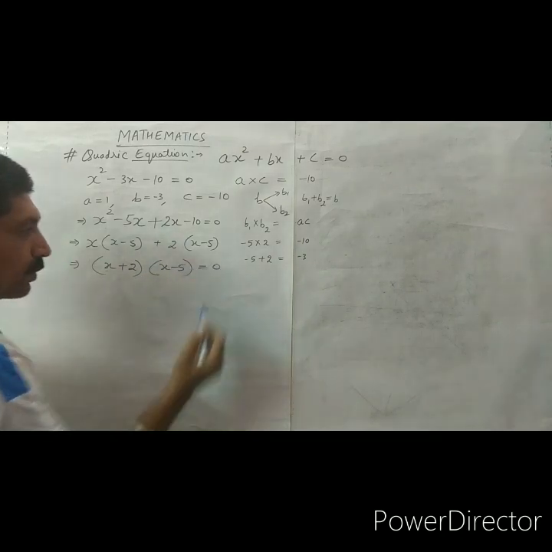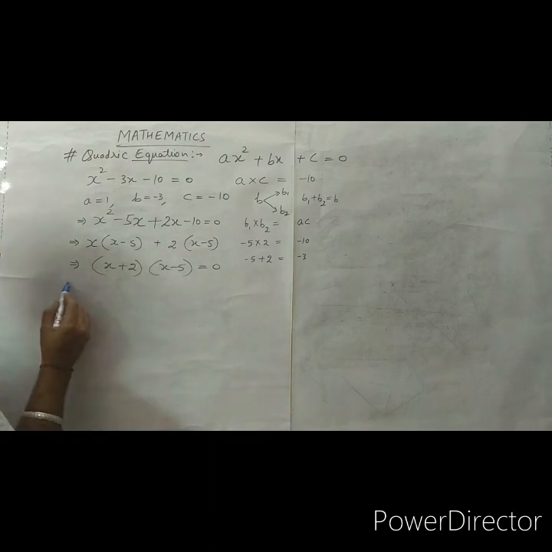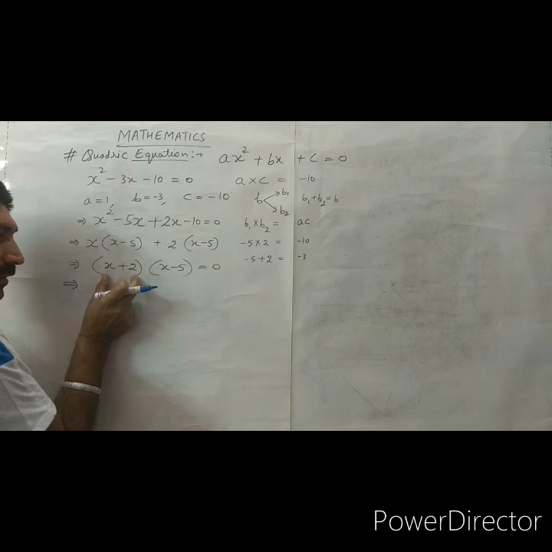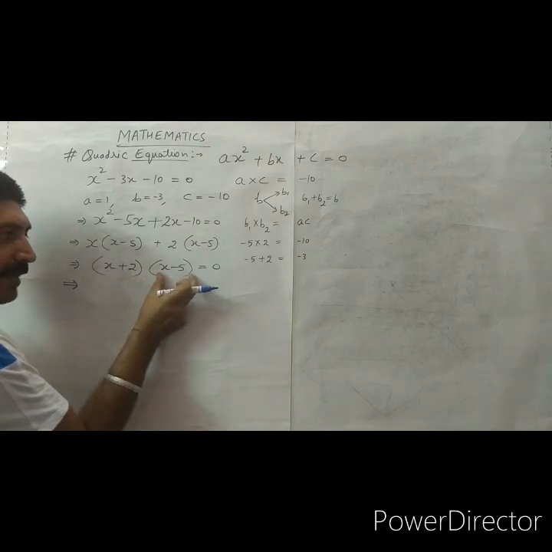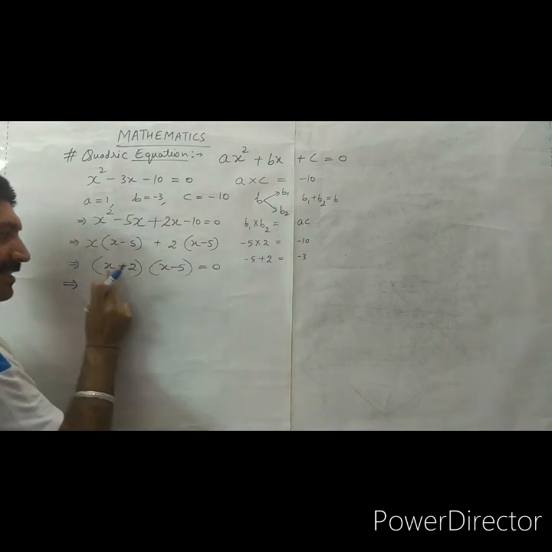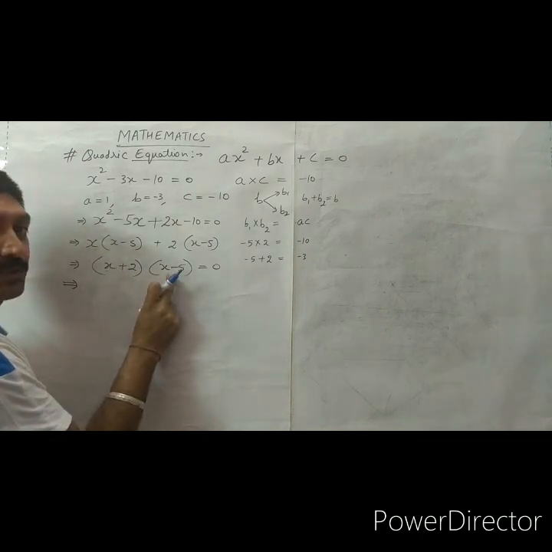So we have x plus 2 into x minus 5 is equal to 0. It means either x plus 2 is equal to 0 or x minus 5 is equal to 0.